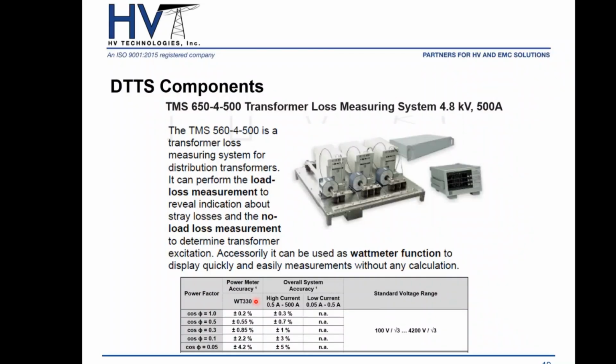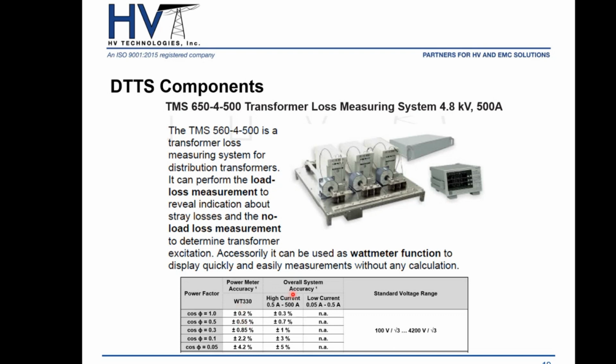So, you also have the transformer measuring system, the TMS 650-4-500, which is a 4 kV 500 amp loss measuring system. It's your CTs and your PTs and your watt meter necessary in order to measure your losses during your load loss measurement test and your no load loss.